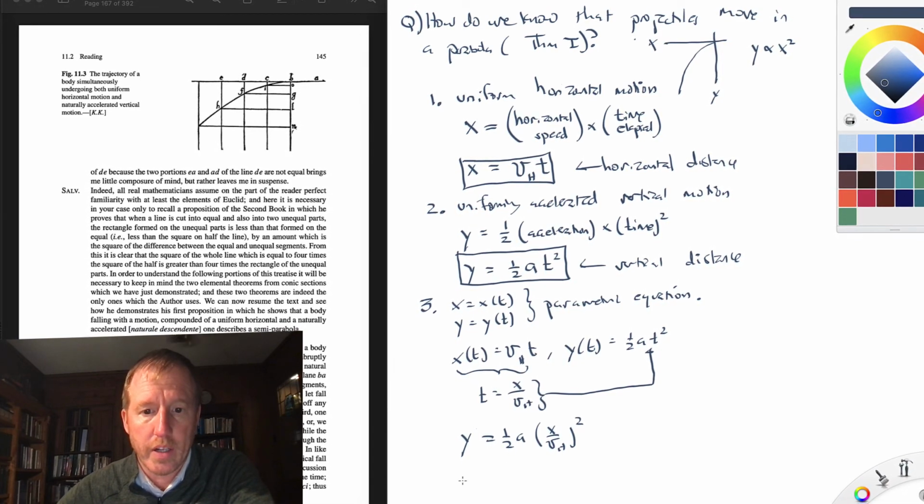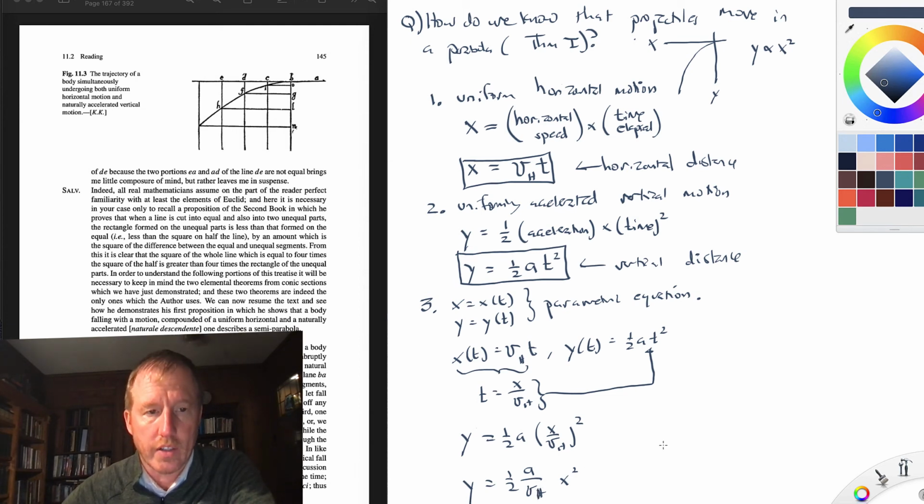Where do we go from here? Well, we can simplify this and say y is equal to 1/2 the acceleration over the horizontal velocity squared, times x squared.